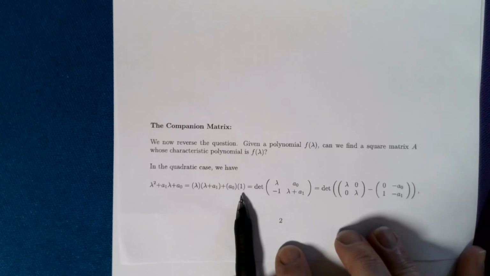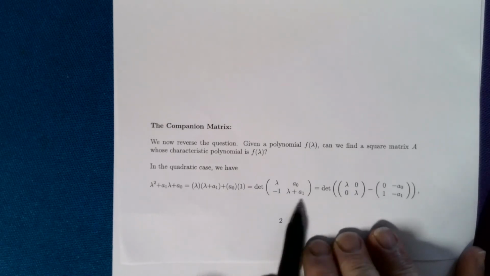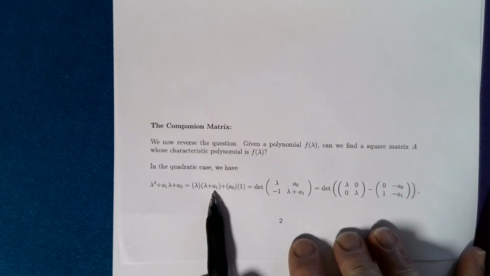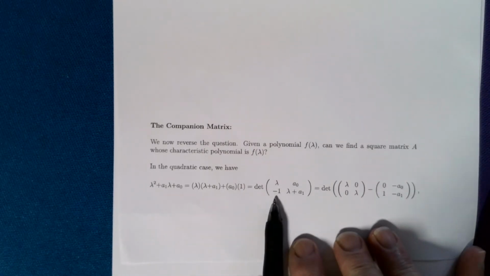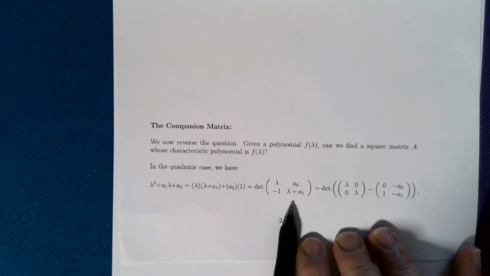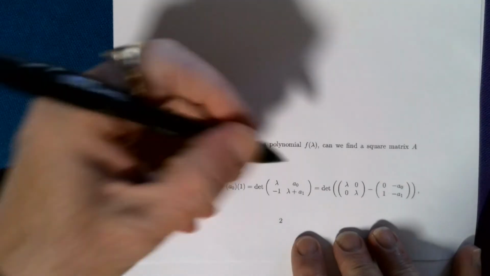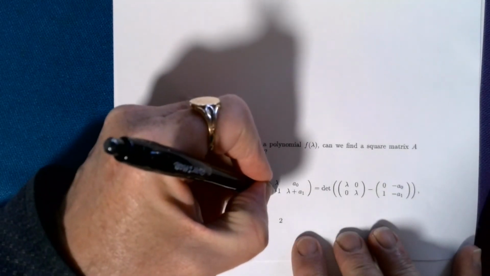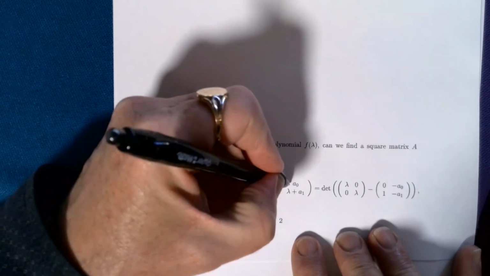I can now think of this as a determinant of, I want lambda times lambda plus a1 to give me this term, and then I want minus 1, and then a0 here.